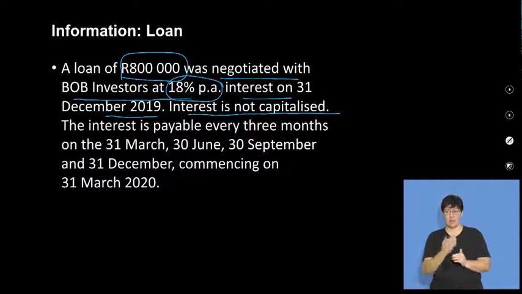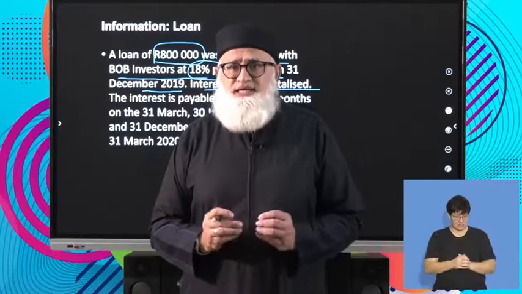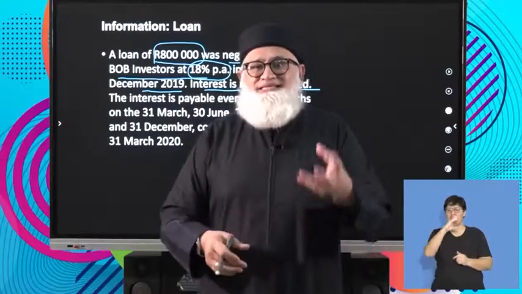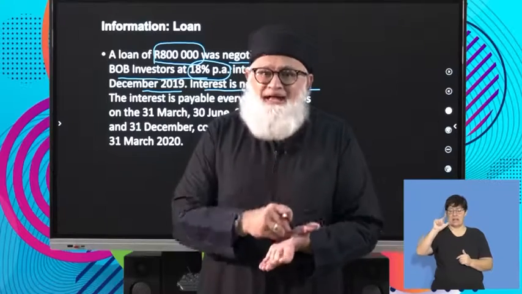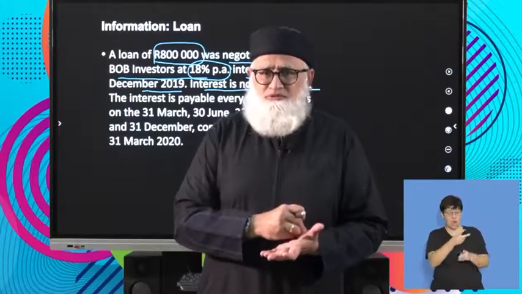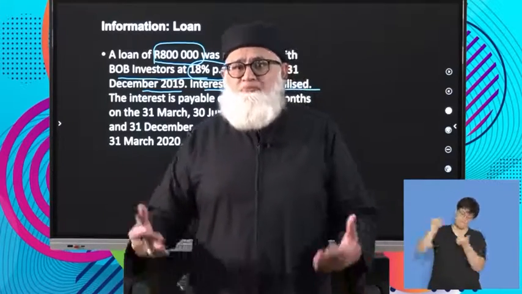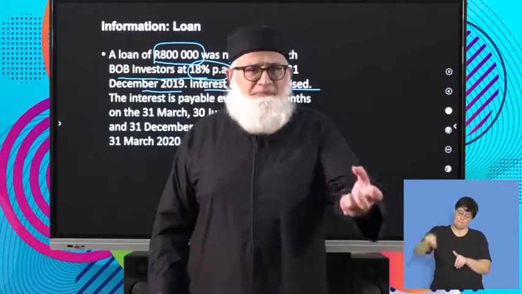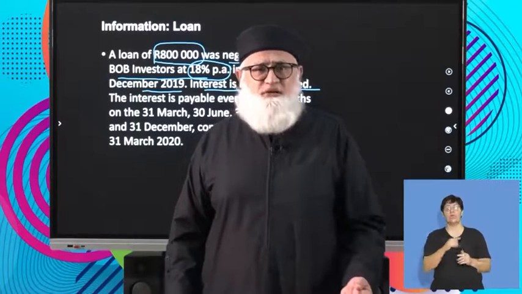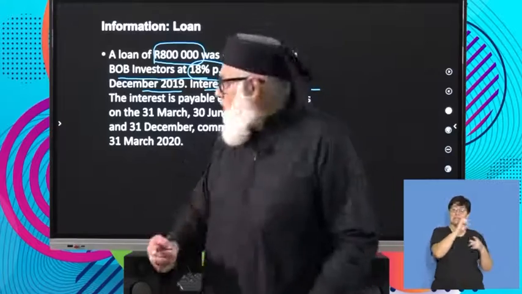When we're talking about capitalization of interest, I think it's important at this stage for me to give you a quick explanation of capitalization of interest. When interest is capitalized, all that it means is that the interest is added back to your loan account, right? So what's your entry when you're processing interest on loan? You debit interest on loan, which is your expense account, and you credit your loan account.